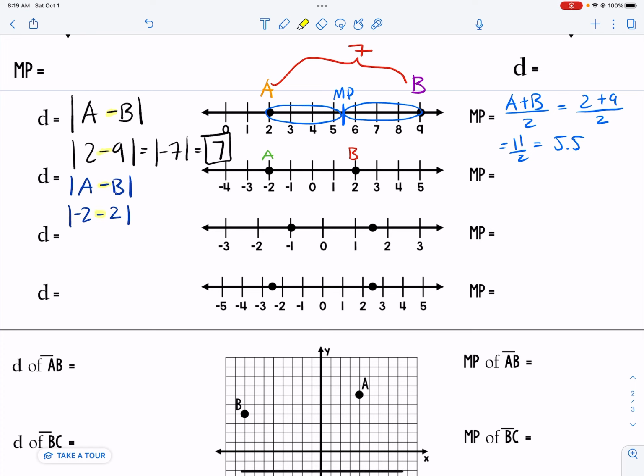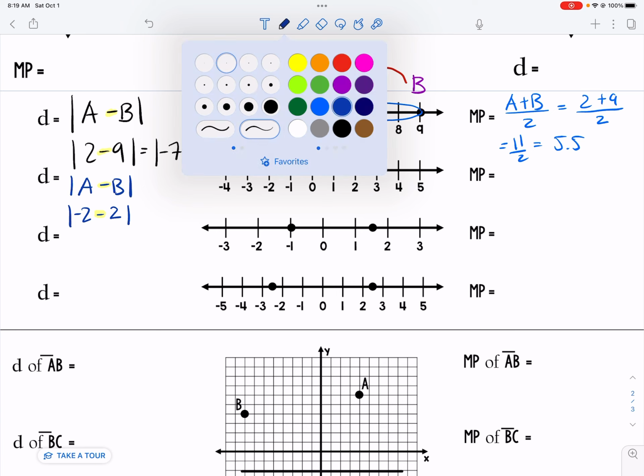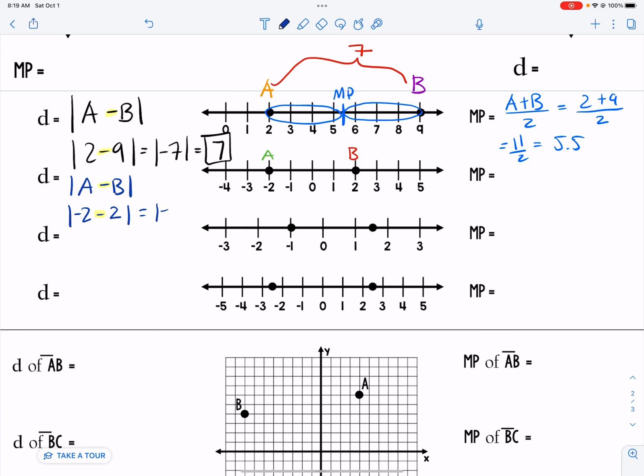But sometimes you have a double negative with it, which will turn into a positive. So this becomes negative 2 minus 2, which is negative 4. But the absolute value of negative 4 is 4. So the distance between negative 2 and 2 is 4 units.